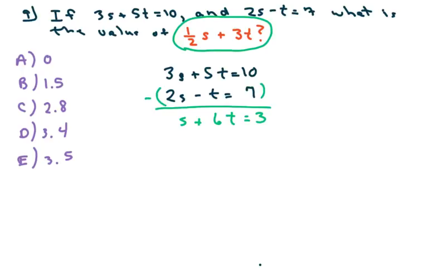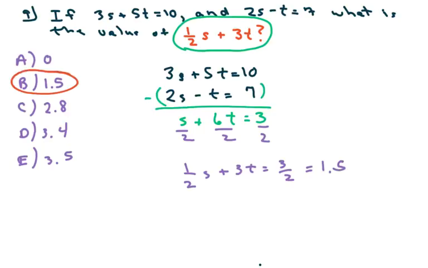So if I divide each of these by 2, I get 1/2 s plus 3t equals 3/2, which equals 1.5. So think about what you're doing to save time when you're taking the test.